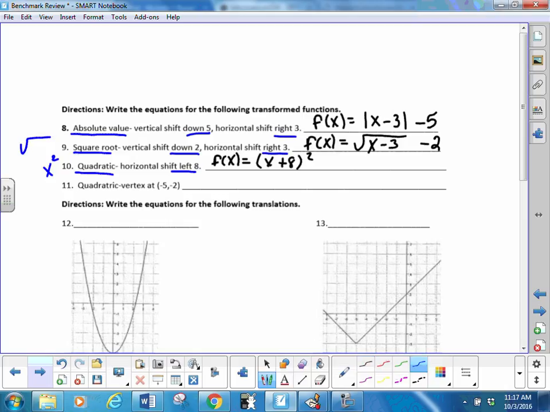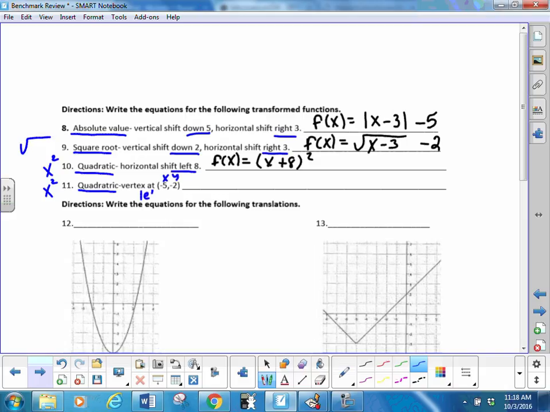The last one also is a quadratic, so I know there's some kind of x squared type deal going on. I look at what's happened to my vertex. On the parent, your vertex is at 0, 0. But now my vertex is at negative 5, negative 2. So what's happened to my transformation? If my vertex is now at negative 5, negative 2, what's happened horizontally?